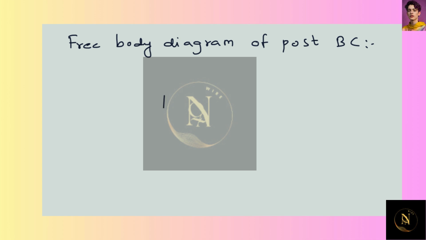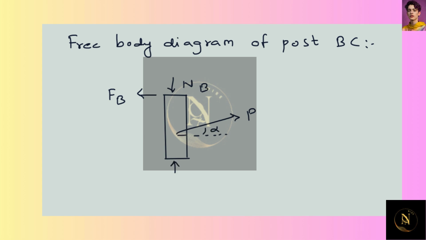Now going further, we can write the free body diagram of post BC. Drawing the free body diagram of post BC, showing all the forces acting on post BC. Here it is NB, here it is FB, here it is P at angle alpha, and here it is NC and FC.